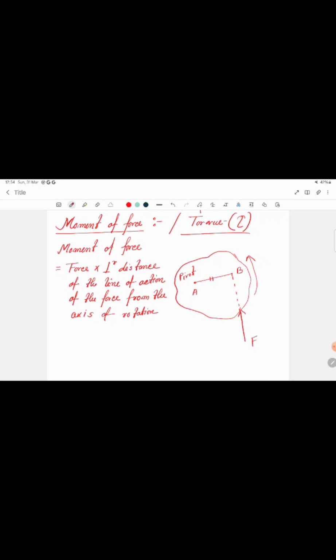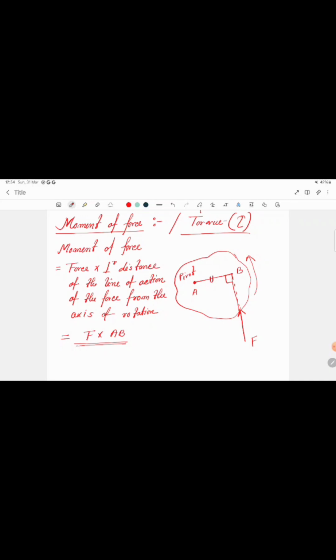Here the pivoted point is the axis on which the body can rotate, and the force is applied at this position. The line of action is this one, and the perpendicular distance is A to B. So moment of force is F into AB.